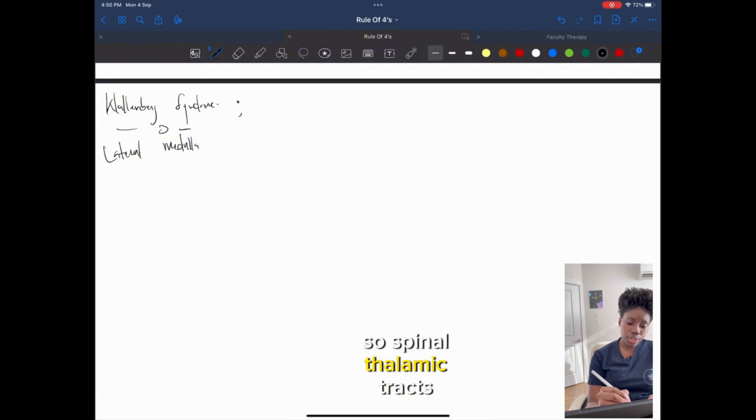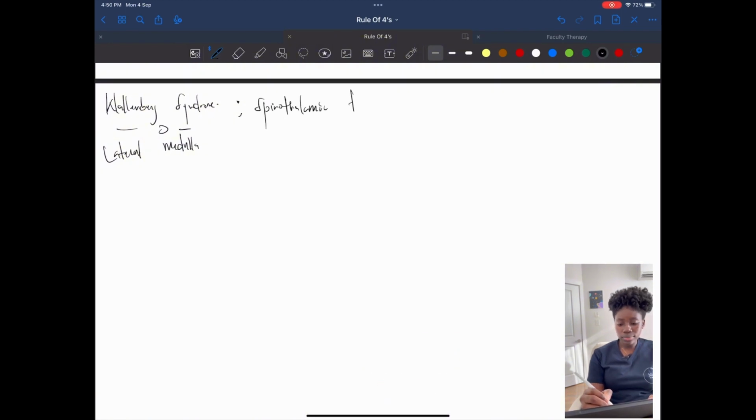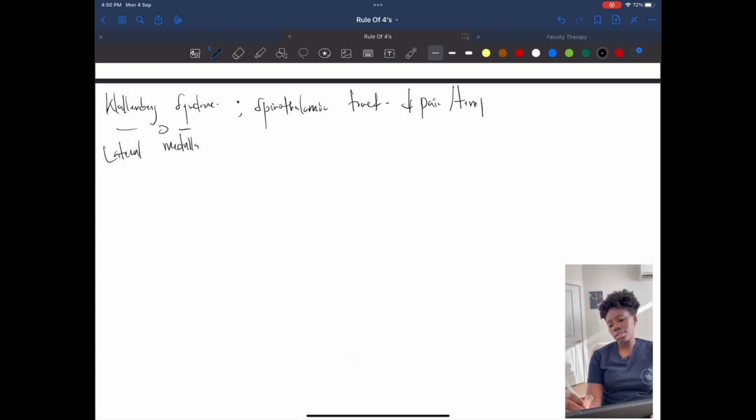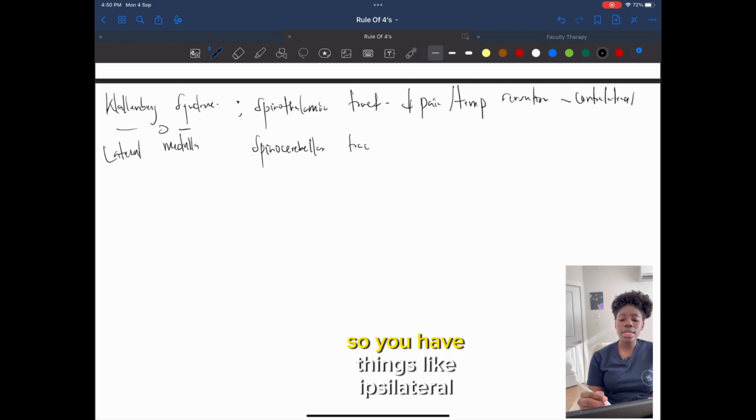So the spinothalamic tract, the patient will have decreased pain and temperature sensation. Remember, this will be above the decussation, so this will be contralateral. Okay, the spinocerebellar fibers are ipsilateral. So you have things like ipsilateral ataxia.